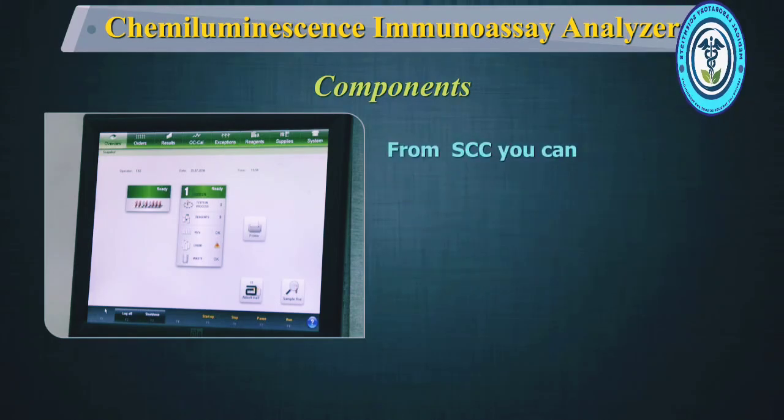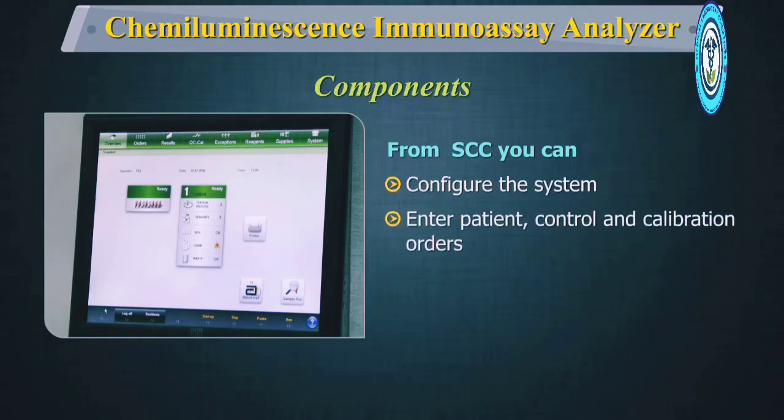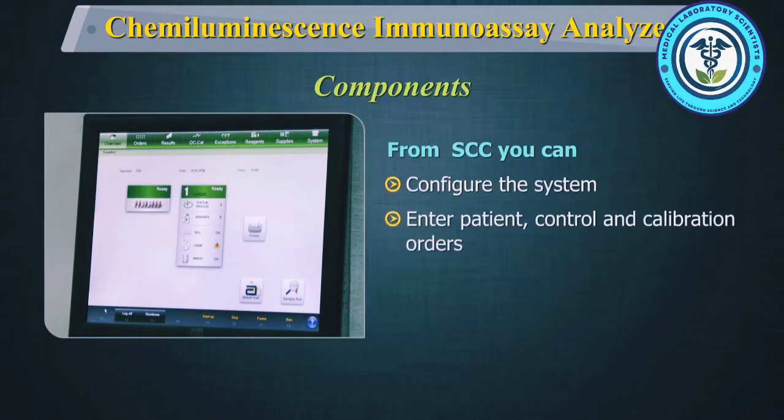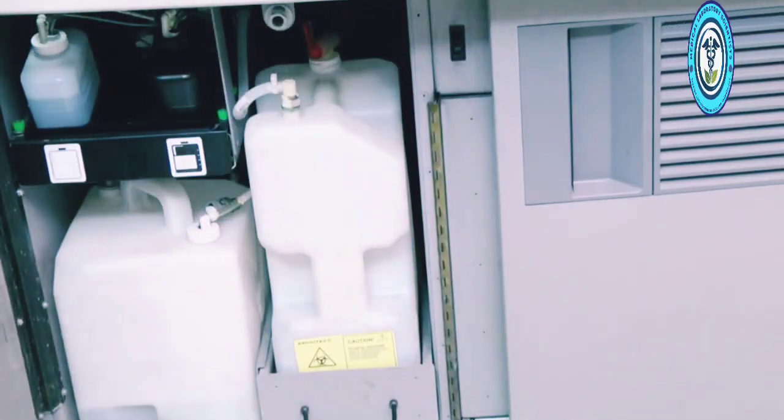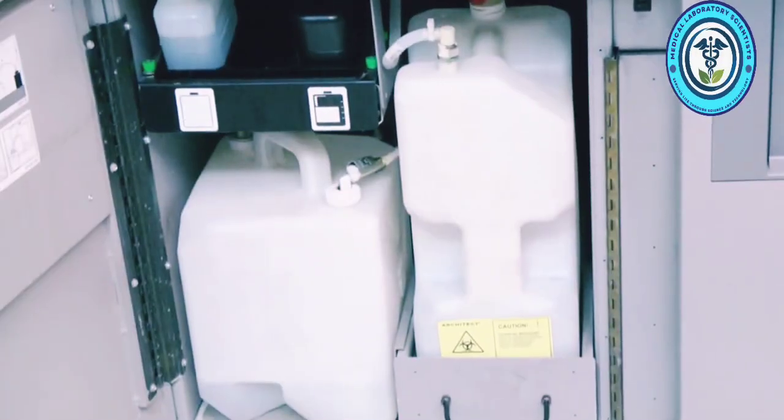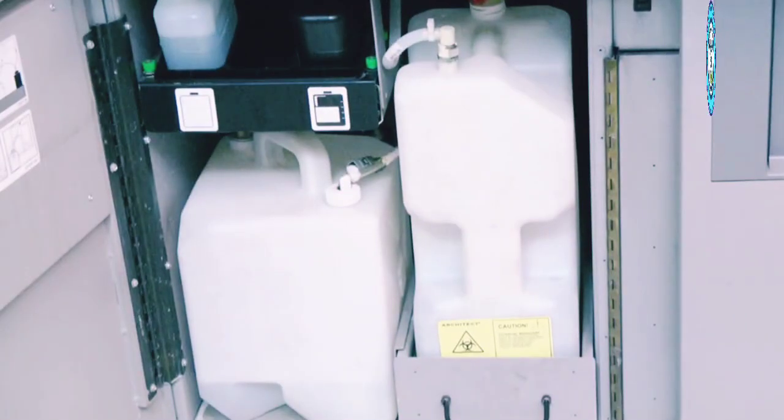From the System Control Center, you can configure the system, enter patient control and calibration orders, review patient results, control data, calibration results, etc. The Supply and Waste Center is the onboard storage area for bulk solutions and waste.